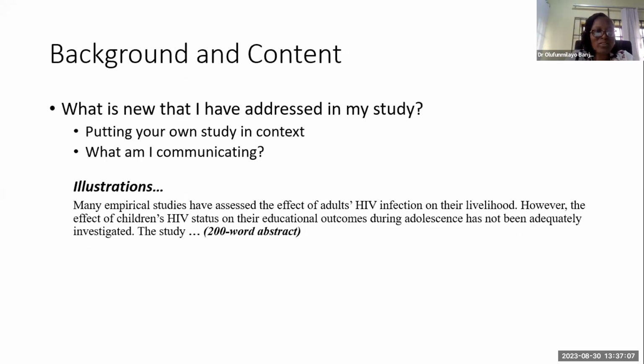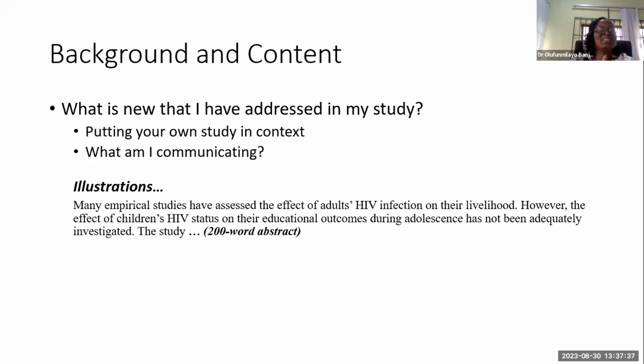So for background and content, I have a number of illustrations here based on the number of words required for abstracts submitted. I just tried to pick this from some of the studies I've authored or co-authored. In the background, basically, what you need to do is to put your own study in context. What are those things that have been done?